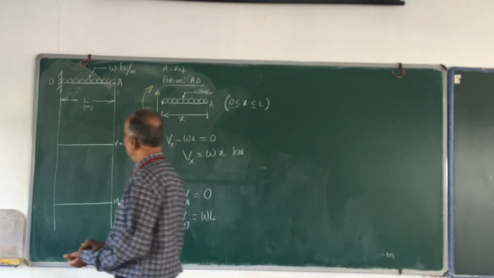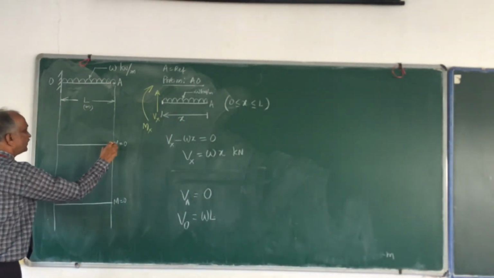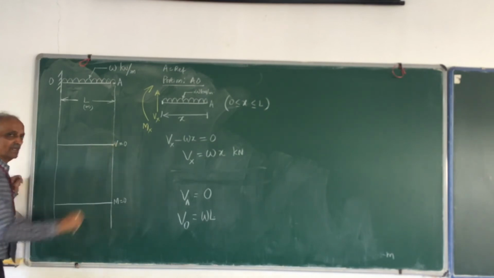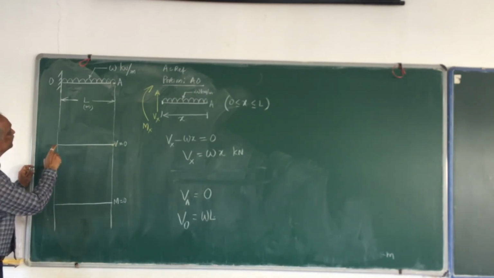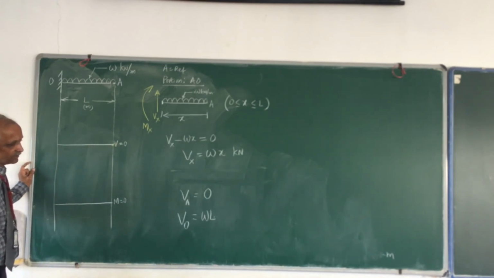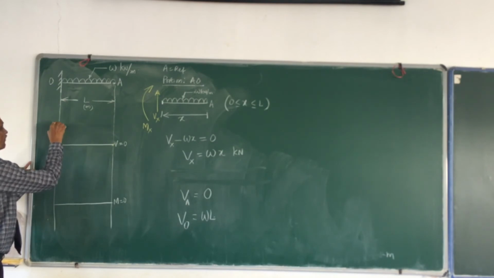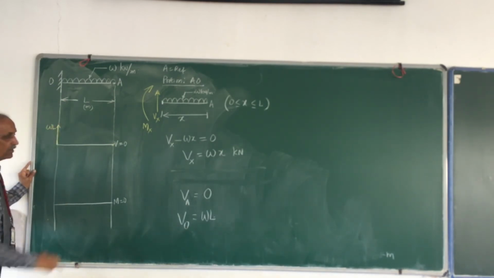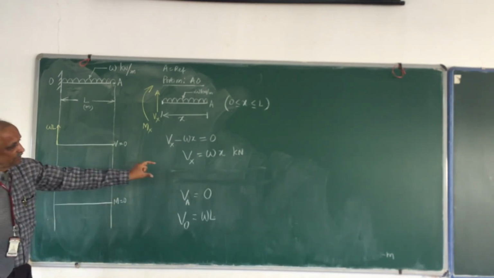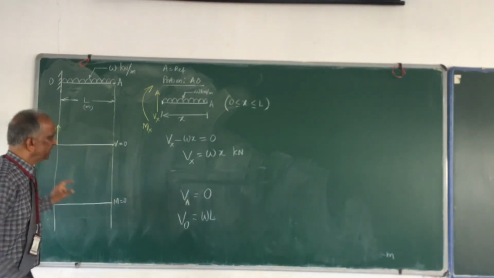Okay, completed. So what is the shear force at point A? It is 0. At point O, how much is it? It is W into L. Is it positive or negative? It is positive. How much is it? This is W into L. So how does it vary in between? You have written here straight line variation.